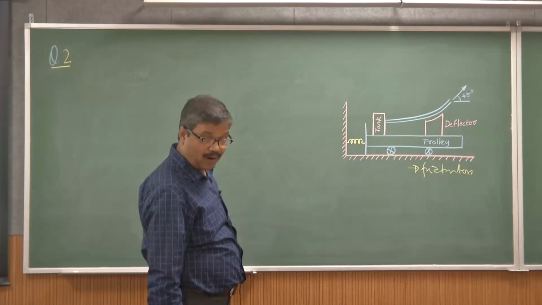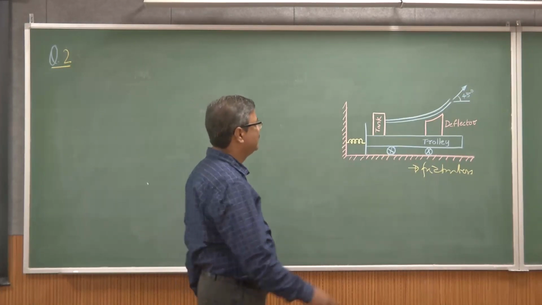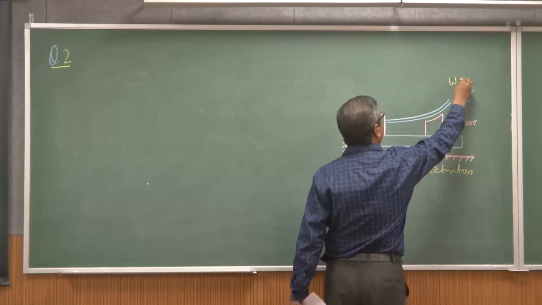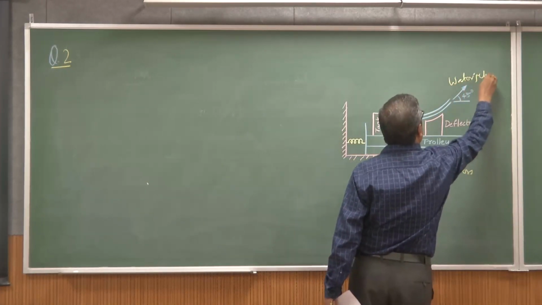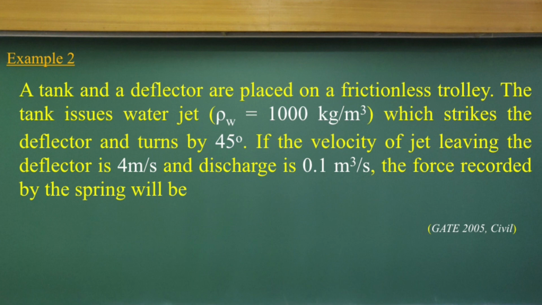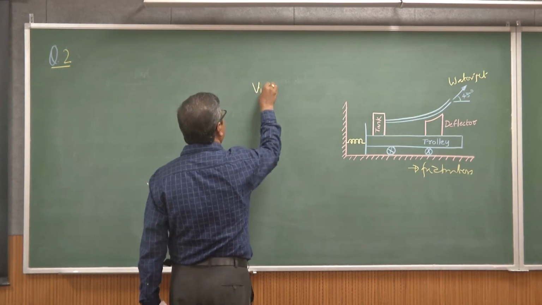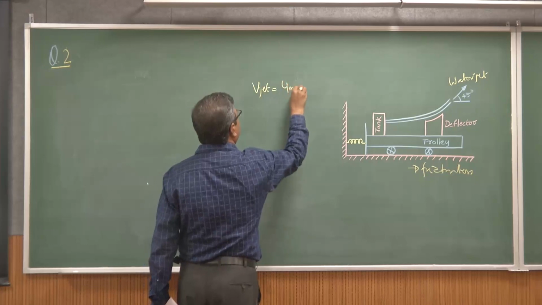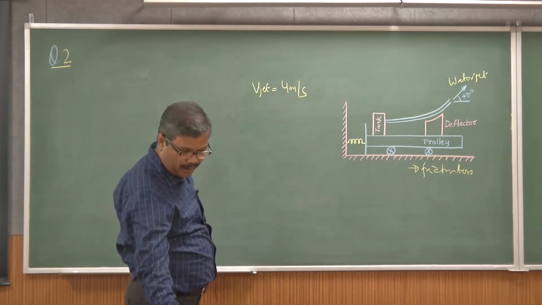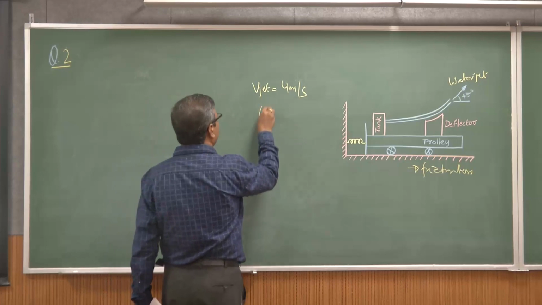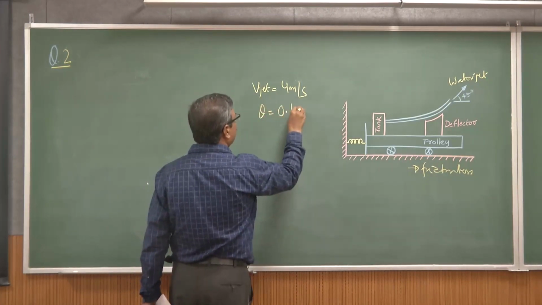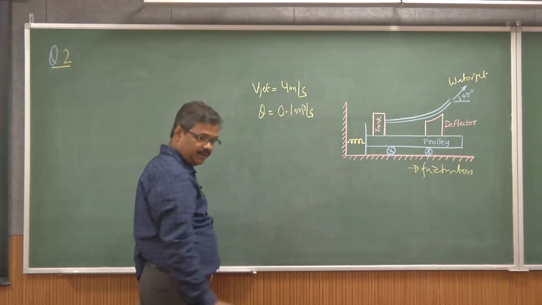The tank issues a water jet, and it strikes the deflectors and turns 45 degrees, and if the velocity of the jet leaving the deflectors is 4 meter per second, the V jet is equal to 4 meter per second, and the discharge Q is equal to 0.1 meter cube per second.